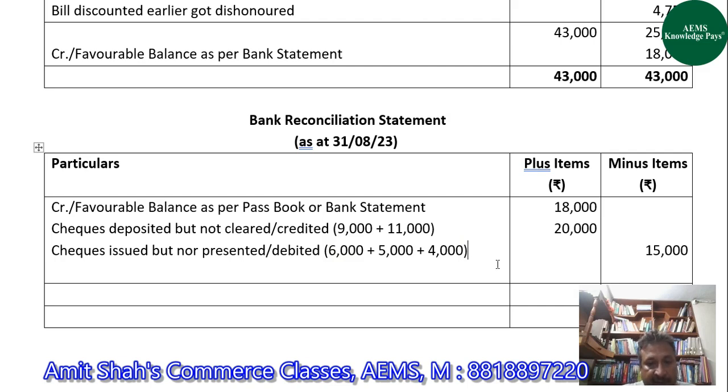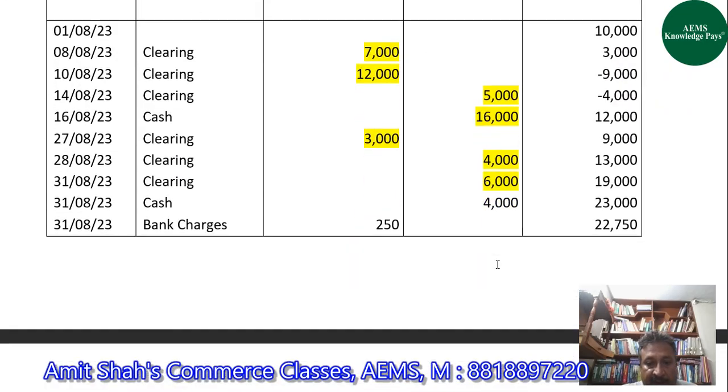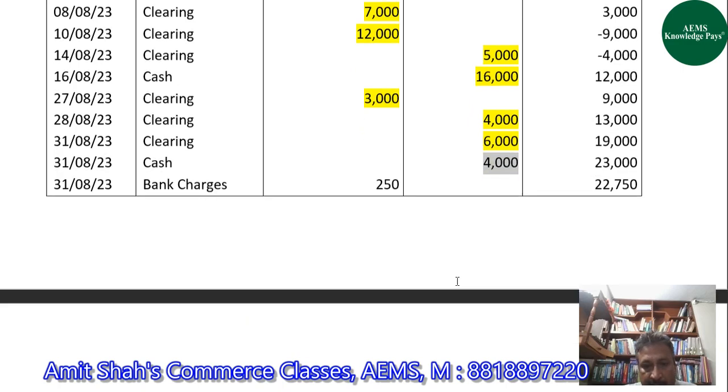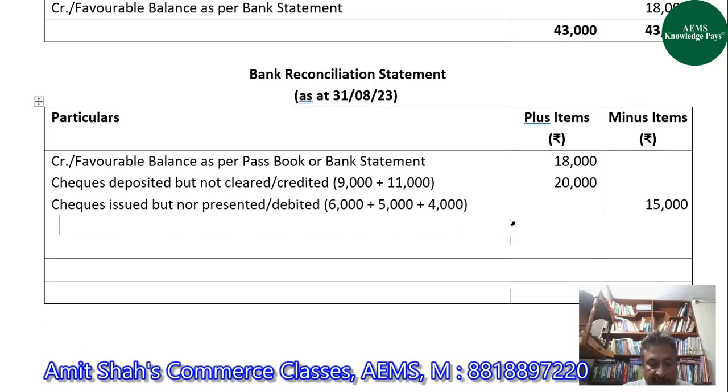Now the next item of difference, guys, is in the passbook. That is direct deposit of cash by our customer, rupees 4,000. Since it was deposited directly by our customer, we do not know this, and because of that, we have not recorded that in our cash book.